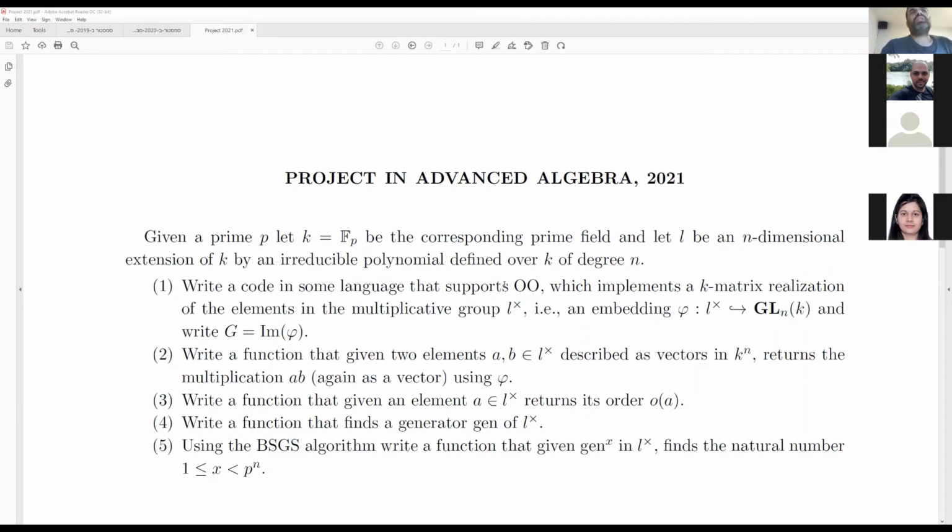It can be C++ or Java or Python, whatever you want, which implements a K matrix realization of the elements in the multiplicative group L star, which means an embedding of this group inside GL_n(K). And write G for the image of L star inside GL_n(K). As I told you, it's a much smaller group than GL_n(K). It's an abelian group.